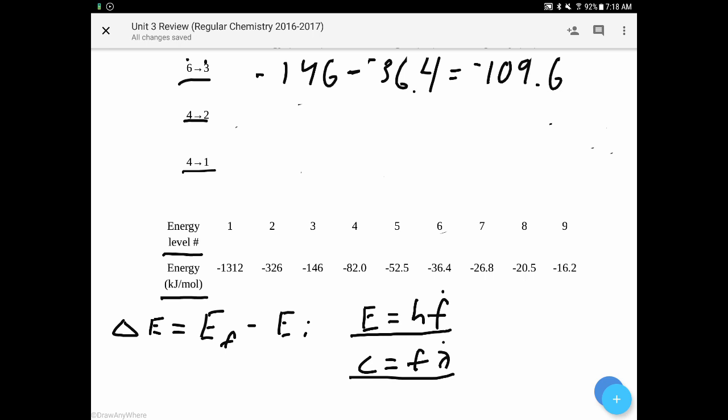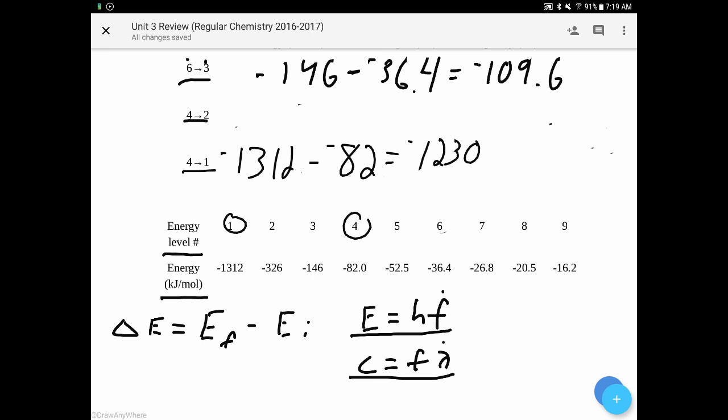So 1 is our final, 4 is our initial. So final, negative 1312 minus negative 82. And we get negative 1230 kilojoules per mole.